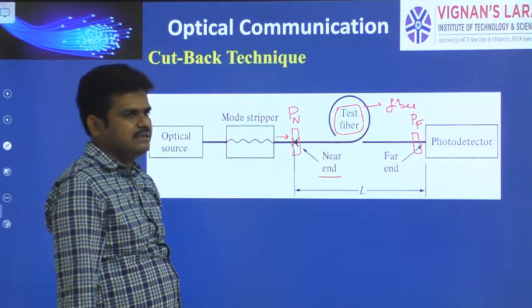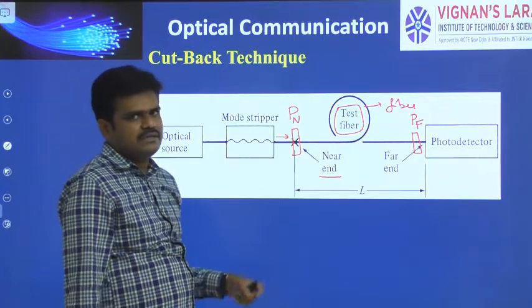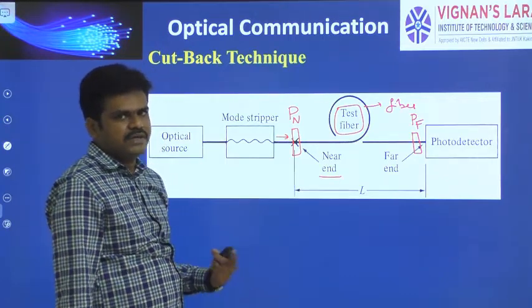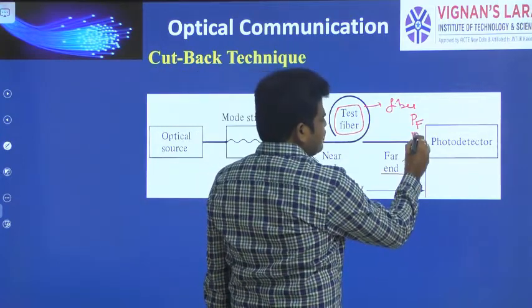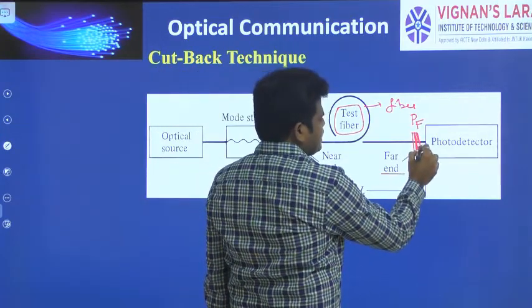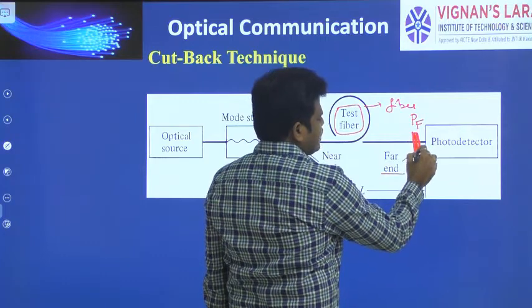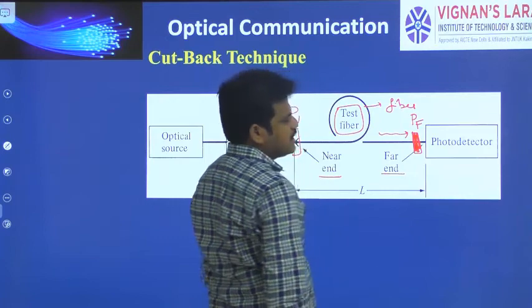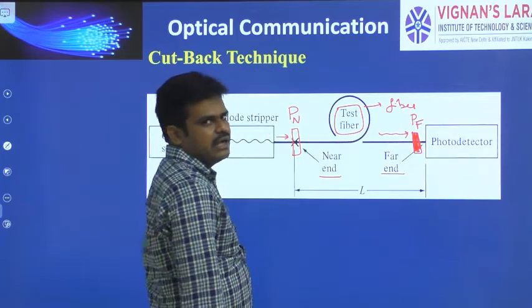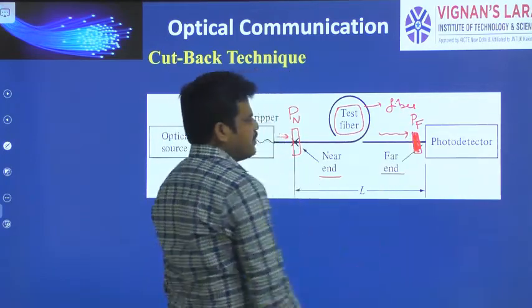I repeat, there are two steps here. In the first step, we cut the optical fiber at the far end, near the optical detector, and measure the optical power coming from the optical source, and call that power PF.